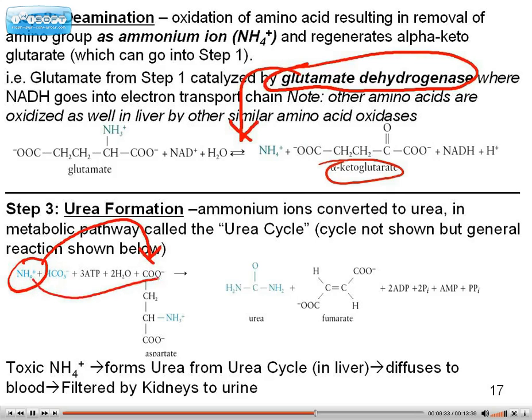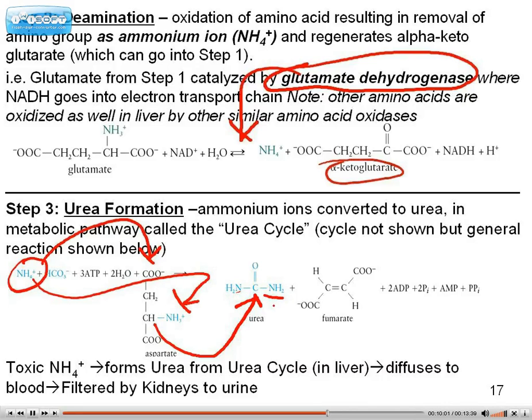In the process, the ammonium is going to attach to the aspartate, and it's a little bit complicated, but what's going to happen is it's going to form a diamine.